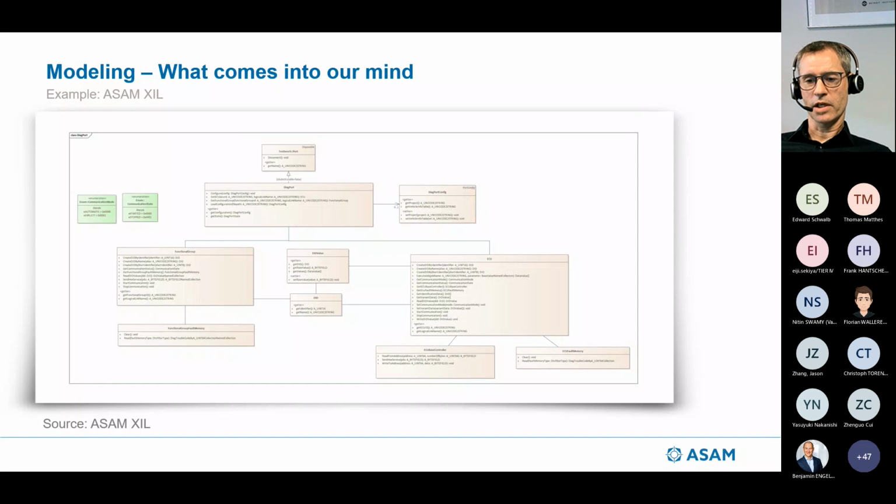In this case, we have classes, associations, inheritance, methods, enums and something like that. So this seems like a formal definition of what our domain in XIL looks like. So probably this is something that comes to our mind.